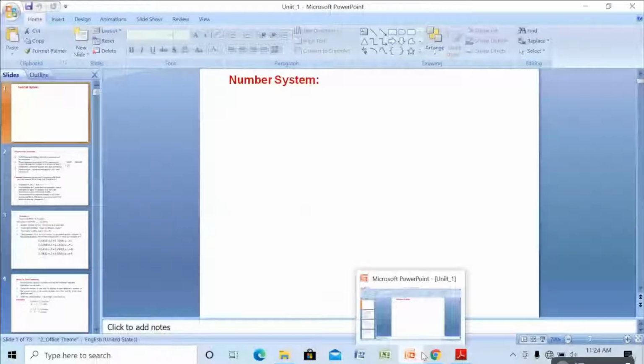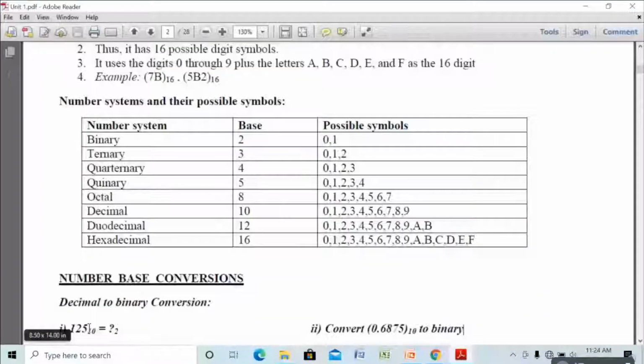How can a decimal number be converted to the binary number system? This one is for the integer part, and this one is for the fraction part. Both have different procedures. We will discuss them one by one.